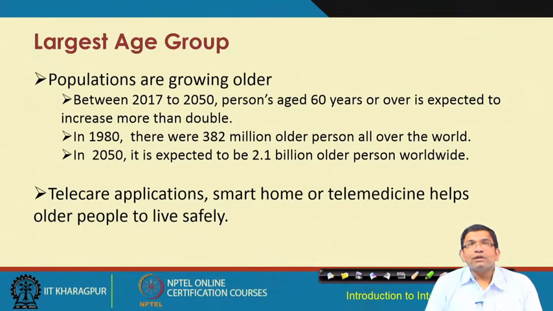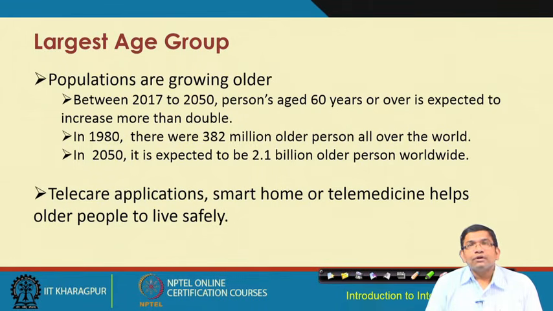We have a growing population, and a growing population also invites taking care of their health. Monitoring the health condition of elderly people, etc., efficiently will have to be done. So, telecare applications, smart home or telemedicine basically can help elderly people to live safely.